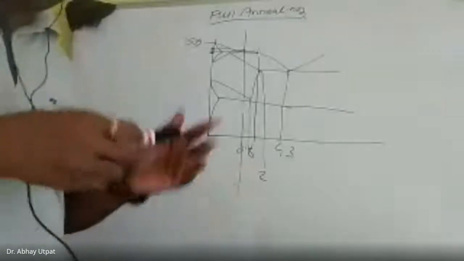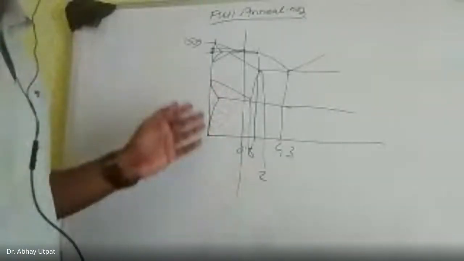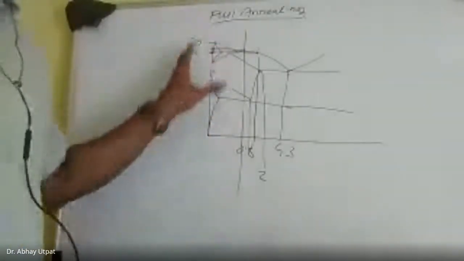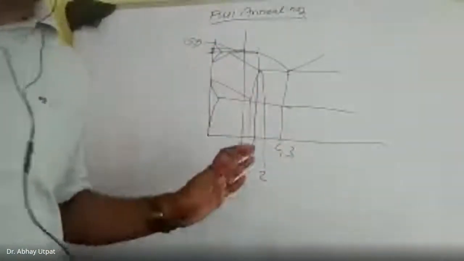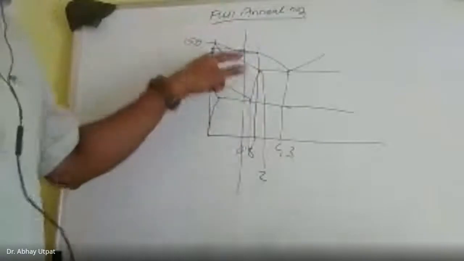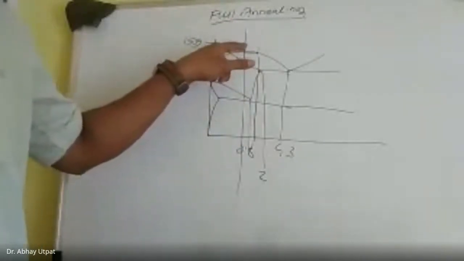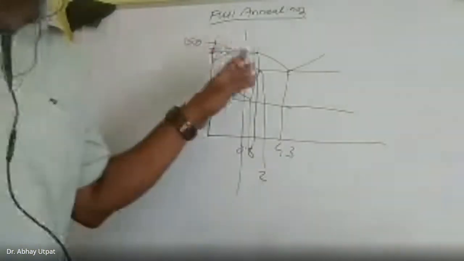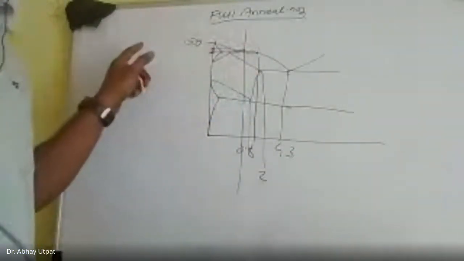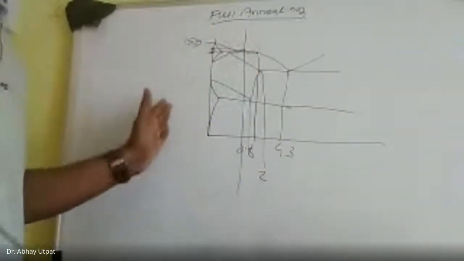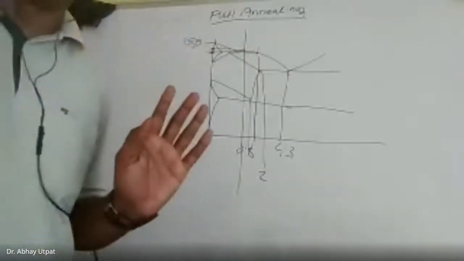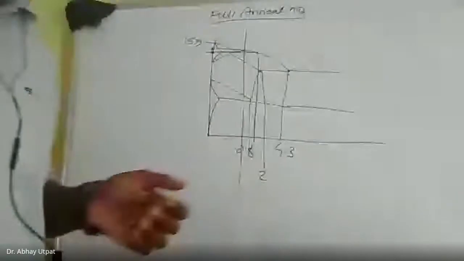So this is the answer. If you want to find out the melting point of any steel or cast iron, you have to draw the iron carbon diagram with scale. If you draw that vertical line, where it cuts the liquidus line, take the left hand side on the y-axis, that will directly give the melting point. This is the simple answer.